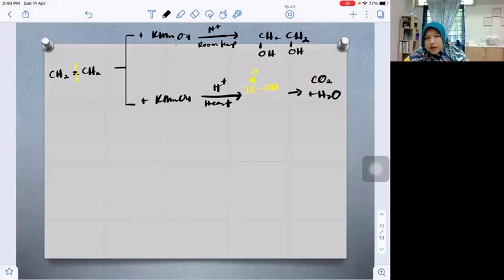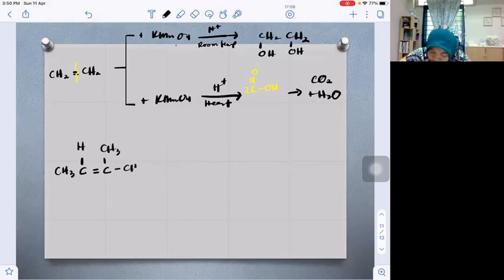Let's look at another alkene that can produce carboxylic acid and also ketone. Let me show you the example. Let's say we have CH3, CH, double bond, C, CH3, CH3.